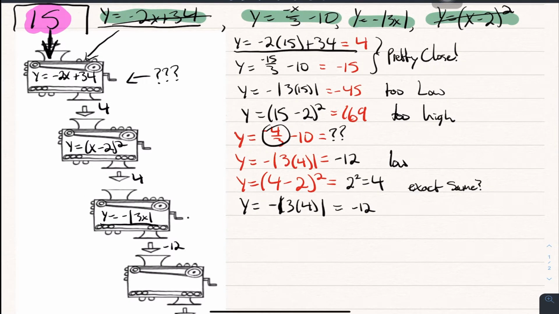Then moving forward with our new output of -12, we plug that in and we get y equals -12/3 minus 10, which is -4 minus 10, which is -6 after the sign is handled. And then we know that we've got the correct output and we are good to go.